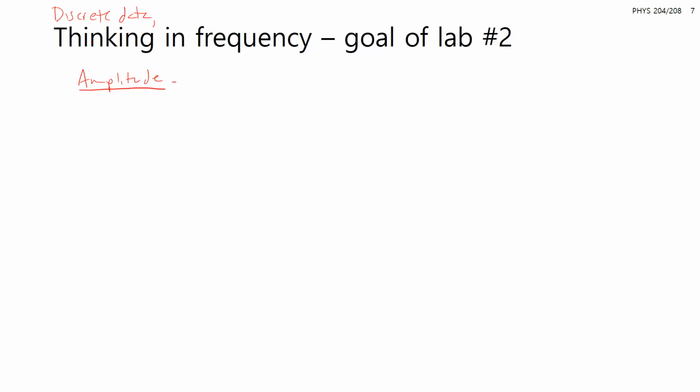The point of this slide is that I'm trying to emphasize thinking in frequency, and in time versus frequency. You're going to start with signals in time. You're going to convert them to frequency using the Fourier transform. How does the amplitude of your signal in time relate to the amplitude of your signal in frequency?